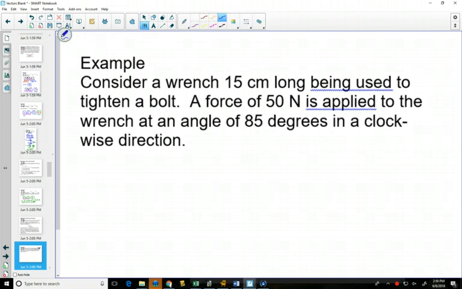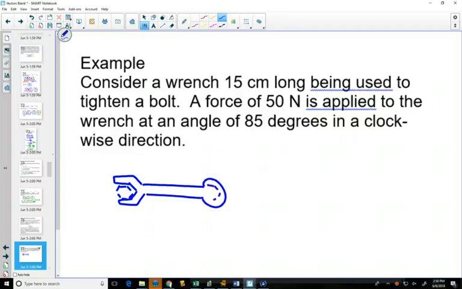So let's draw a picture. There's our wrench. Its length, and since the units are Newton meters, we would measure this length as 0.15.